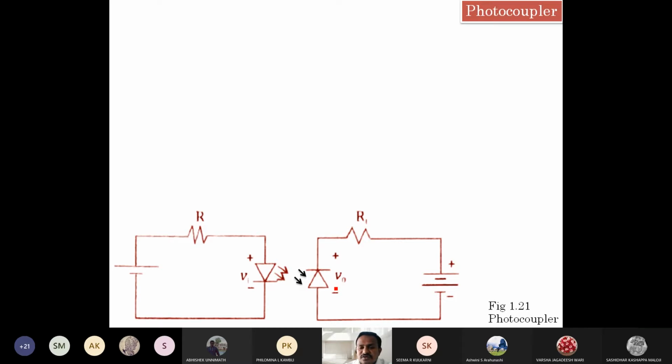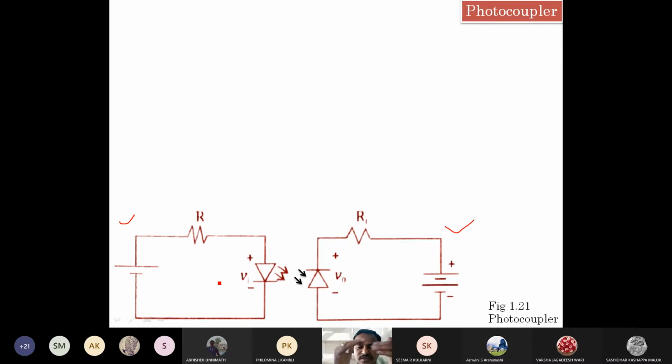They are connected together, so whatever light is generated by the LED falls on the photodiode. Once light falls, we observe reverse current in the destination circuit. Whatever data or signal we need to transfer from source to destination, we use these circuits, merged in only one component, the photocoupler.